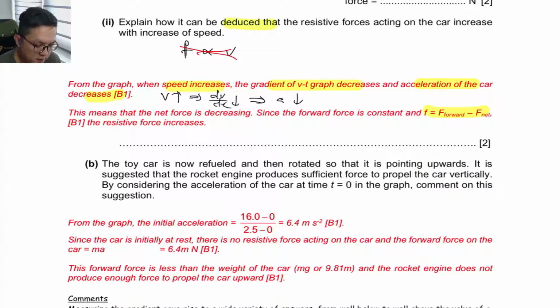If you look at this right now, if my a is decreasing, I can go one more step and say, a decreasing means my net force is also decreasing. So if this is decreasing and this is constant, that means your frictional force has to be increasing. This is how you draw the link.